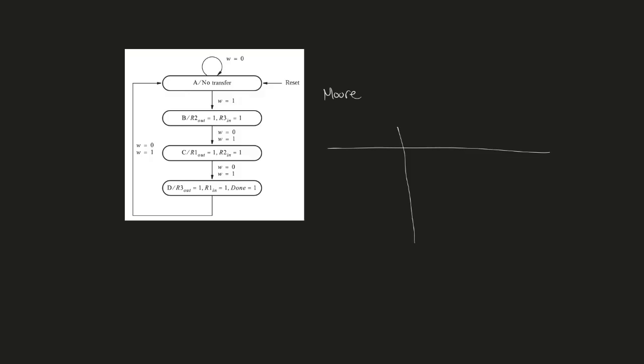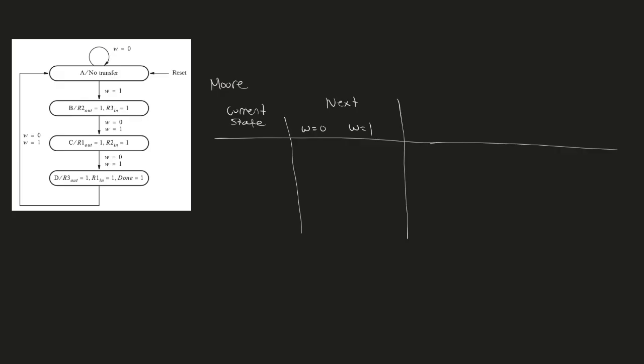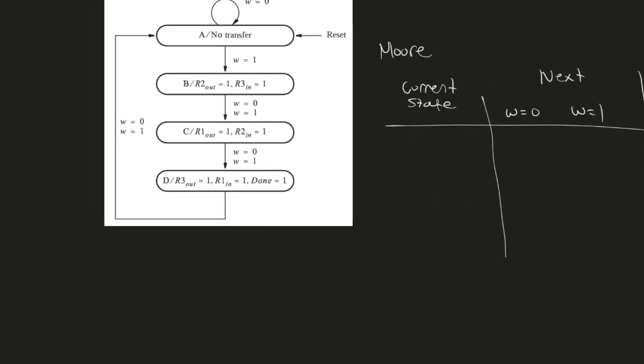So we'll have current state. Then we're going to have next state when W is 0 and when W is 1. And then our output is going to be the largest because look at how many different types of outputs we have. We have an R2 out output, an R3 in output, an R1 out output, an R2 in output, and so on.